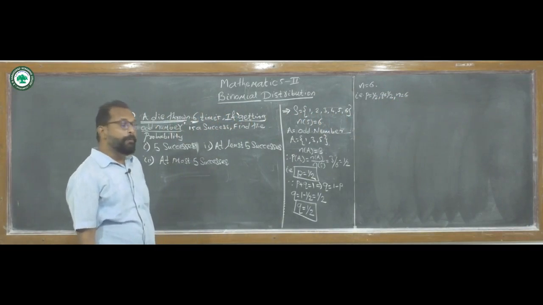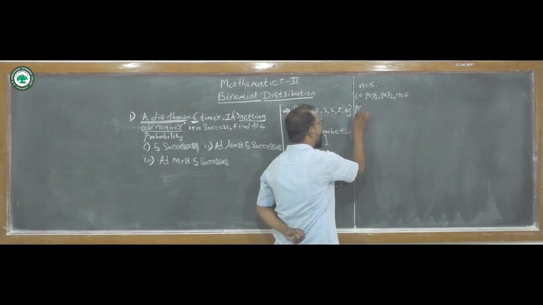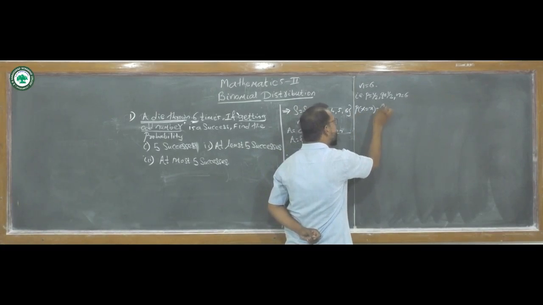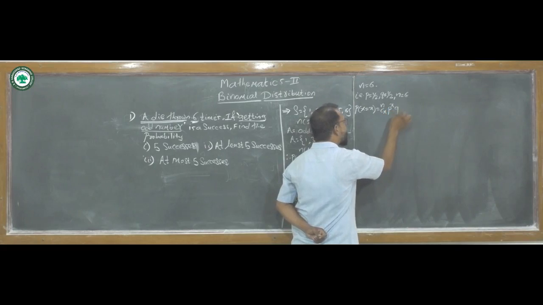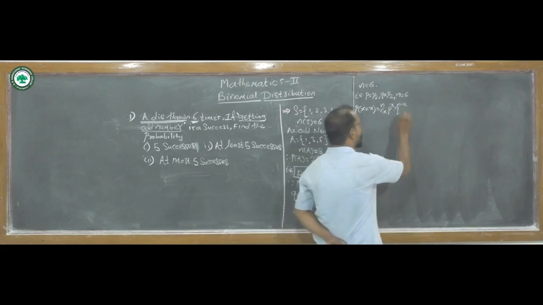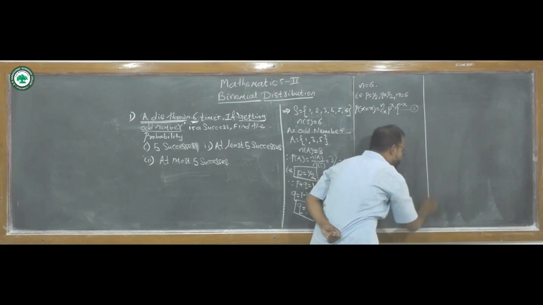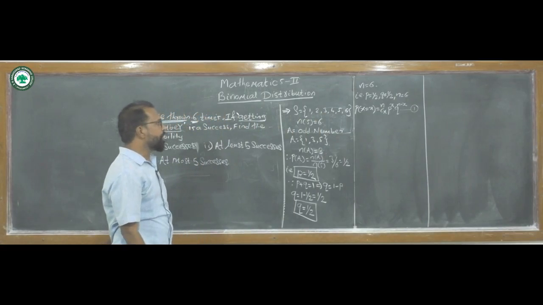And the probability distribution of a binomial distribution is P of X equals x is nCx p raised to x into q raised to n minus x. Let this be equation number 1. Now we solve these sub questions.